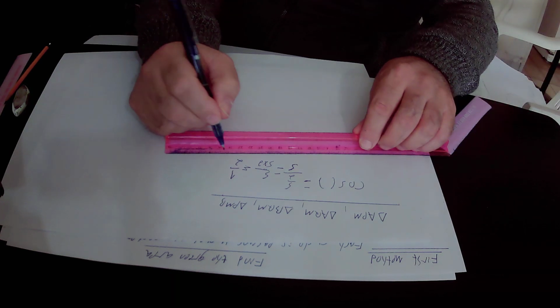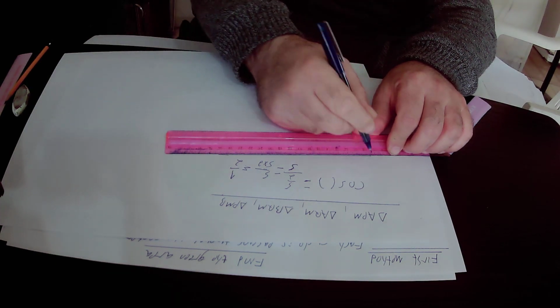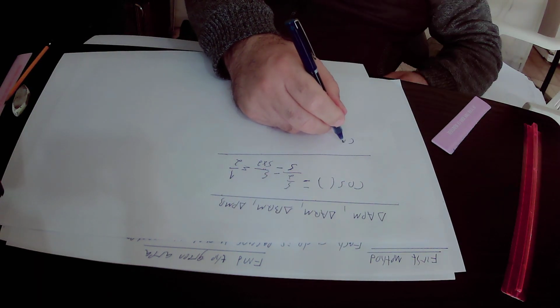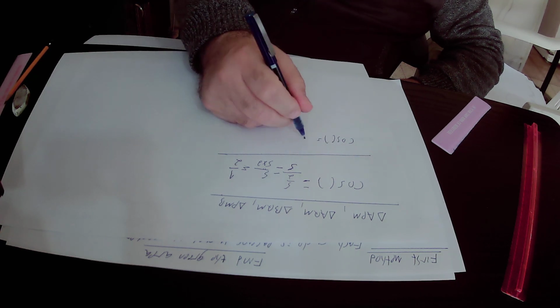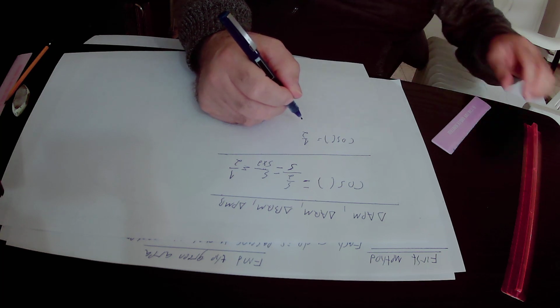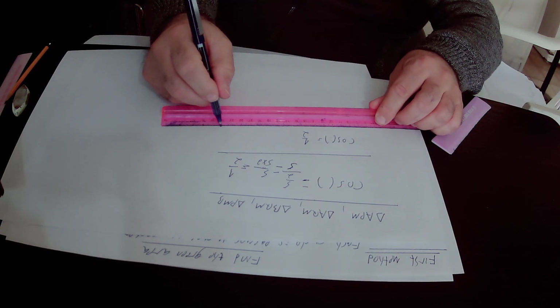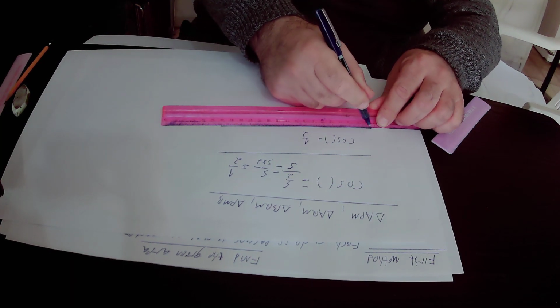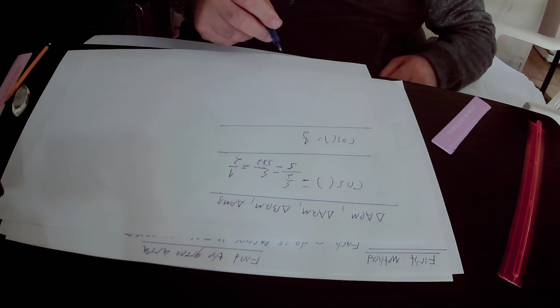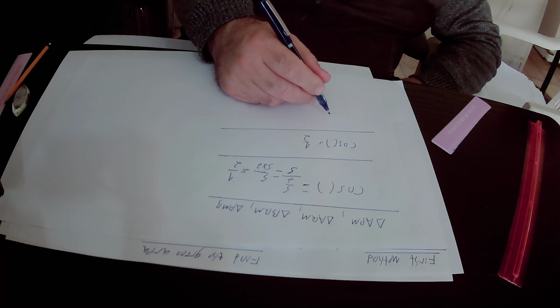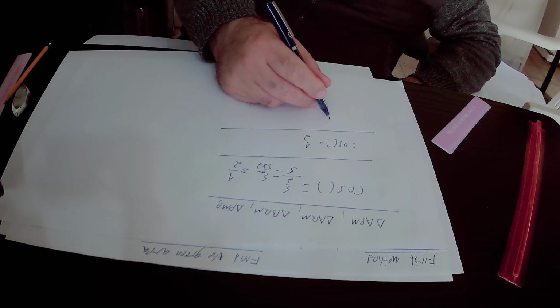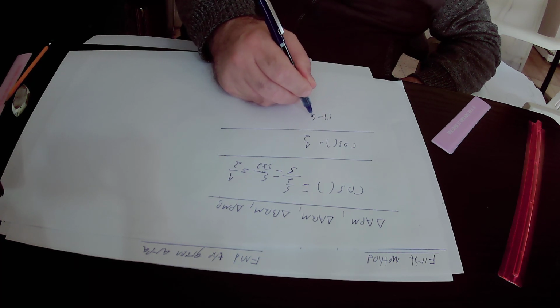So we actually found out that the cosine of those 4 angles equals 1 over 2, and if cosine of any angle equals 1 over 2, it means that that angle equals 60 degrees.